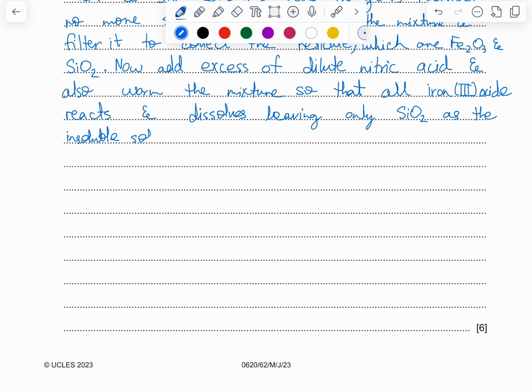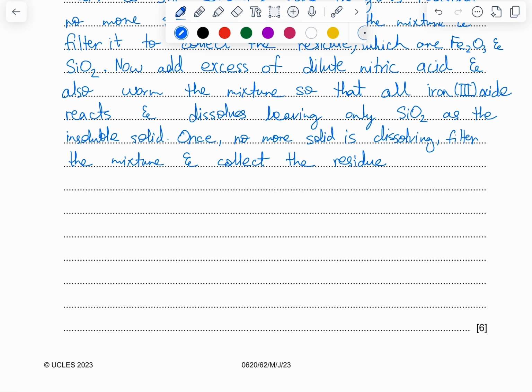Insoluble solid, full stop. Once no more solid is dissolving, filter the mixture and collect the residue, full stop.